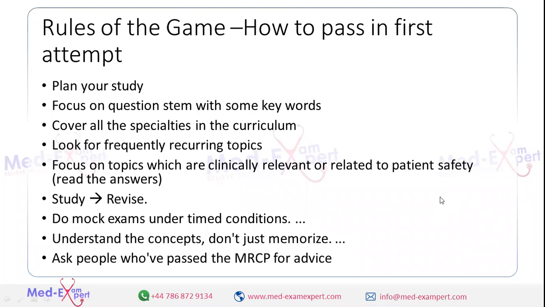I'll give an example. A chronic diarrhea patient with headache in the MRCP exam is multiple endocrine neoplasia. As a clinician with 12 years of experience, I have seen only one patient with MEN syndrome. In clinical practice it is very rare, but in the MRCP exam it is quite important.